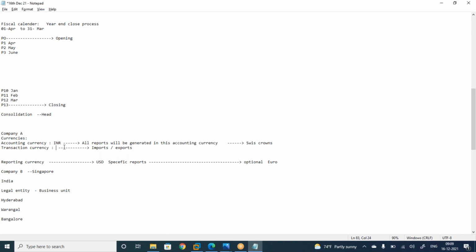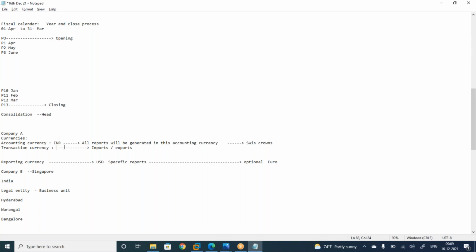Got it? The sales order or purchase order currency can be the transaction currency. Exactly right. It is not only sales order and purchase order, but also vendor invoice and journal. Invoice journal, yes, that also may be a different currency. That is the reason.